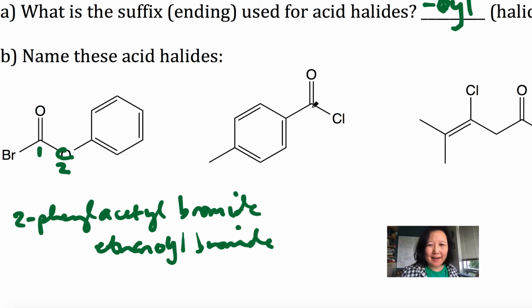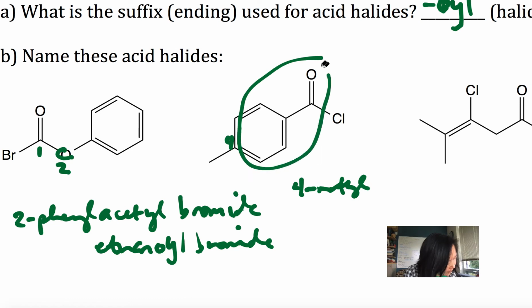Okay, so same thing here. This is a benzoyl, okay, so benzoyl chloride, but just like benzoic acid, benzophenone, it's got a benzene ring here. But you've got a methyl group here, so that's in the 4th carbon. You could call it para, or you could call it 4-methyl, and that's a 4-methyl, and this whole thing right here is called a benzoyl, and then chloride is the halogen we're using.